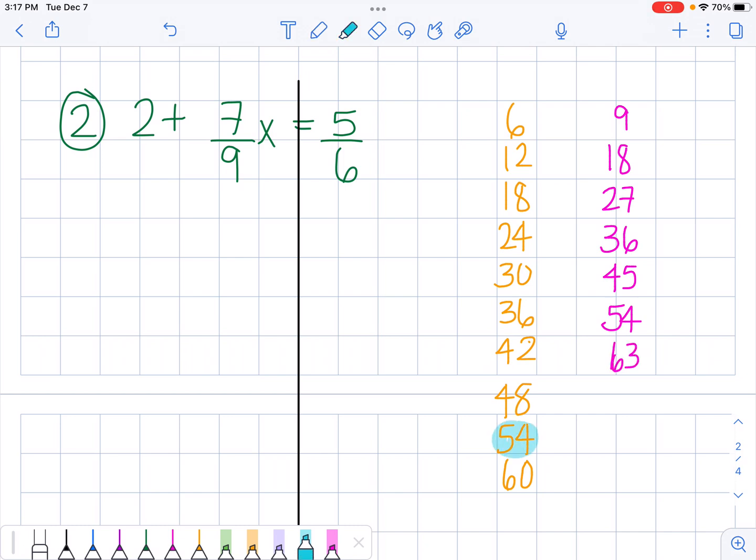Do I have any other numbers that are smaller than that both 6 and 9 go into? No. So I'm going to multiply both sides by 54.